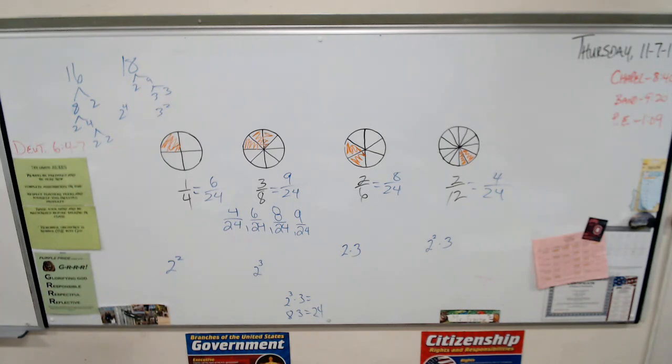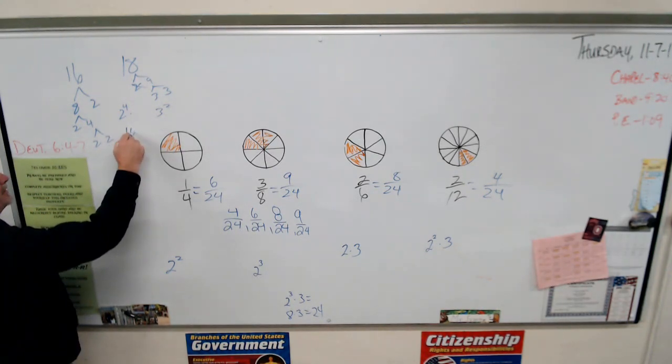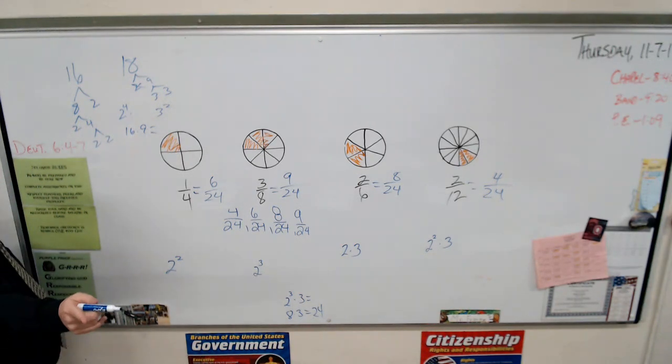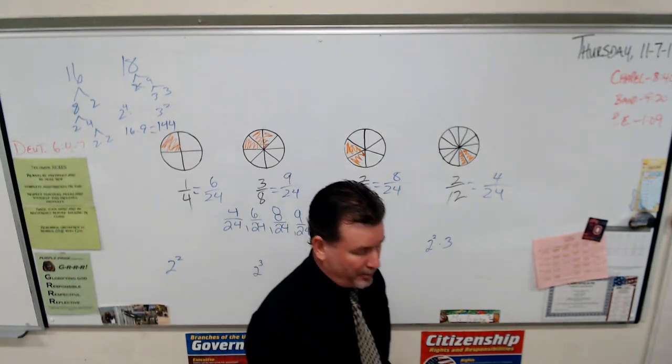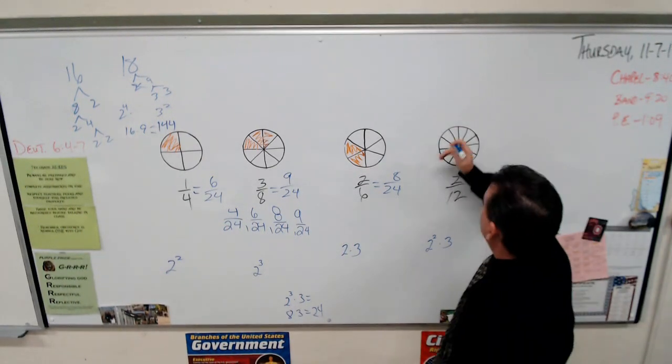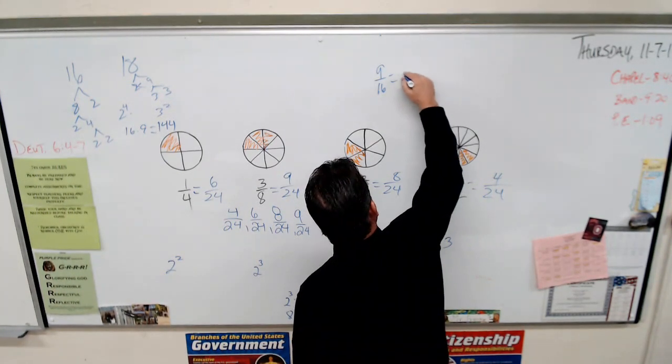I got to use all the factors, the 2 and the 3, to their greatest power. So 2 to the 4th times 3 squared is 16 times 9. 9 times 16 is 144. Now that I've established my common denominator, I say 9/16 equals how many out of 144?